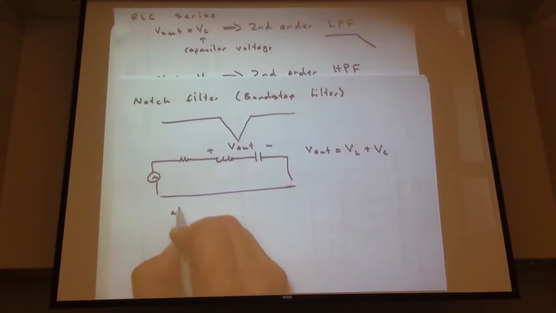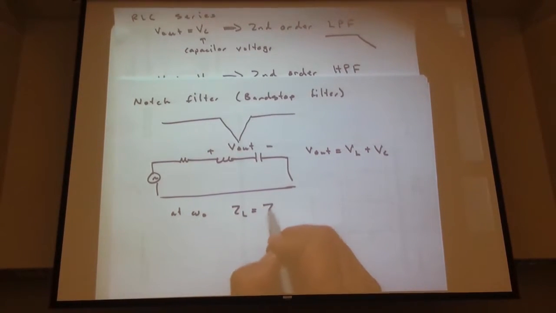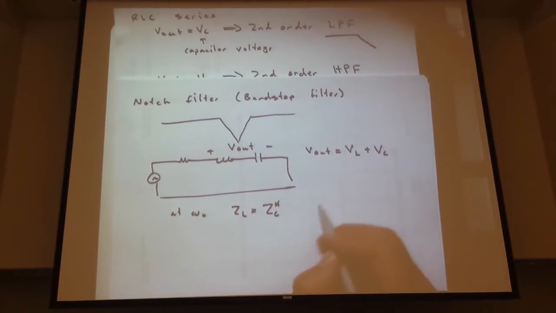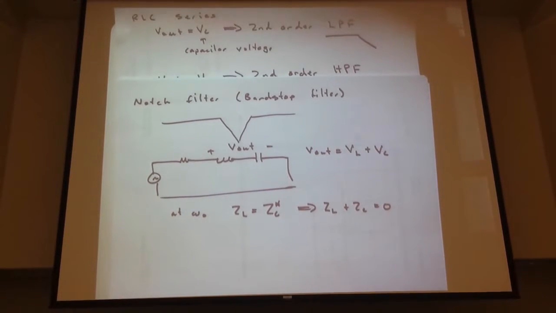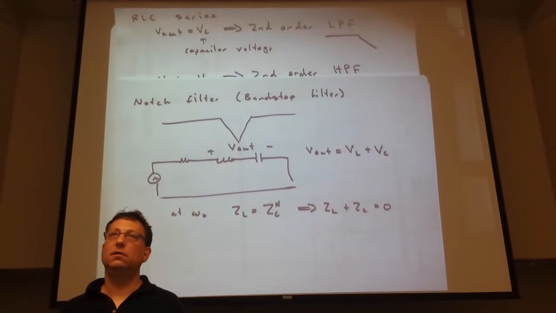At omega naught, ZL equals ZC conjugate, which means what? ZL plus ZC equals 0, which means the voltage across VL plus VC is what? Well, if the sum of the impedance is 0, what does the voltage have to be? 0.